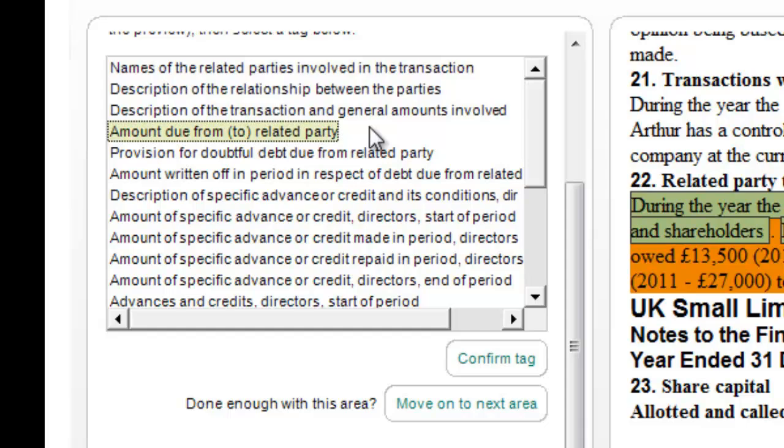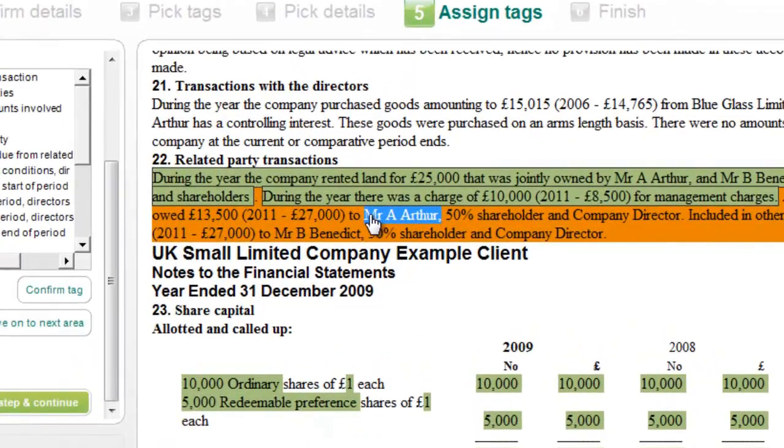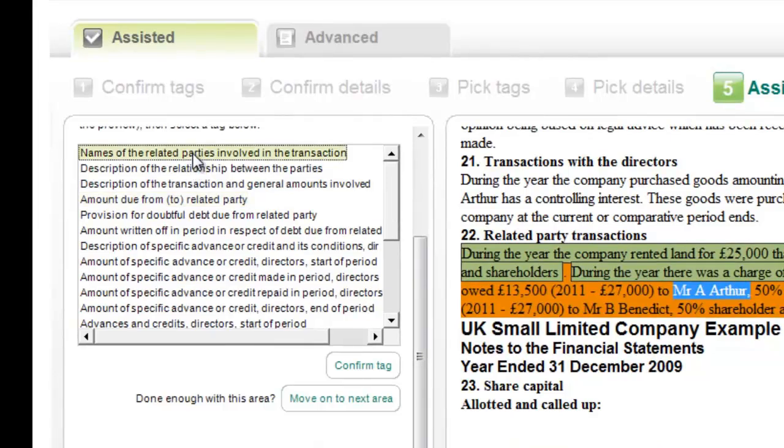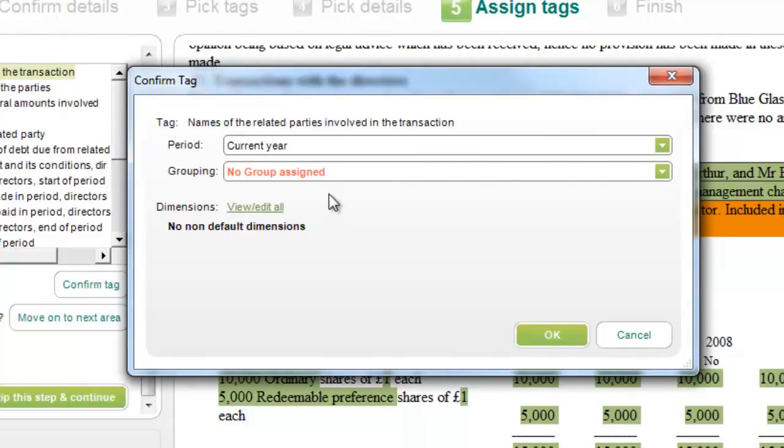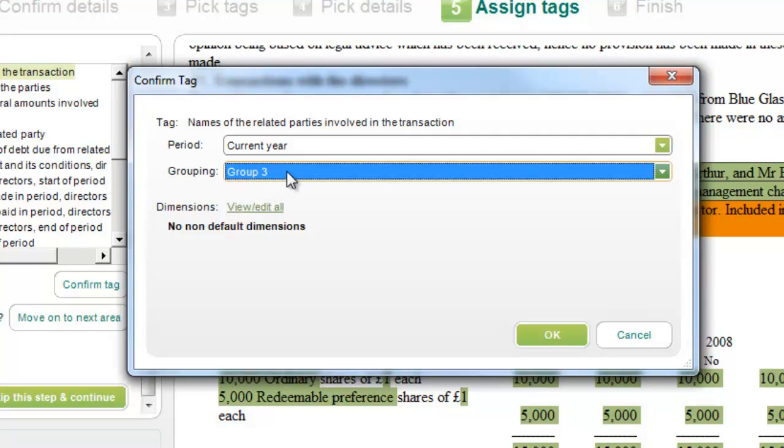So we will endeavour to tag this as follows: name of the related party involved is Mr. A. Arthur. Now, as we have already used group 1 and group 2 in relation to different transactions, we will add a new group for this one, which will be group 3.